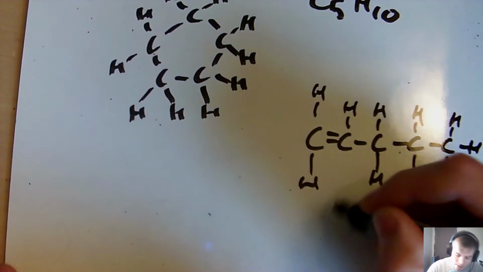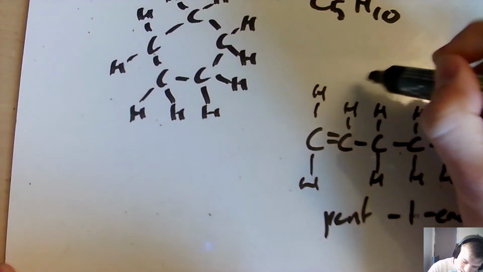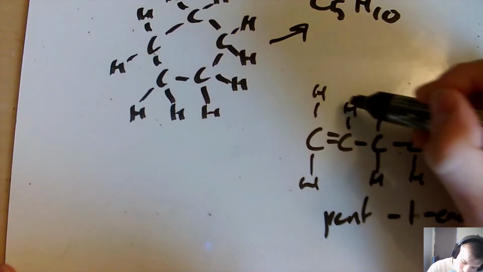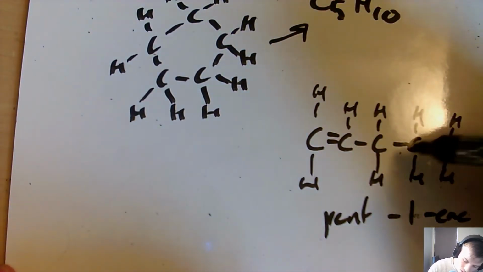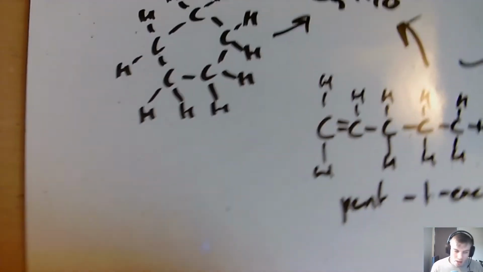And that works like that, so that's pent-1-ene. Just double checking it's got the same formula as that. Okay, 1, 2, 3, 4, 5, 6, 7, 8, 9, 10. 1, 2, 3, 4, 5. Yep, it follows that. Tick, it's an isomer.